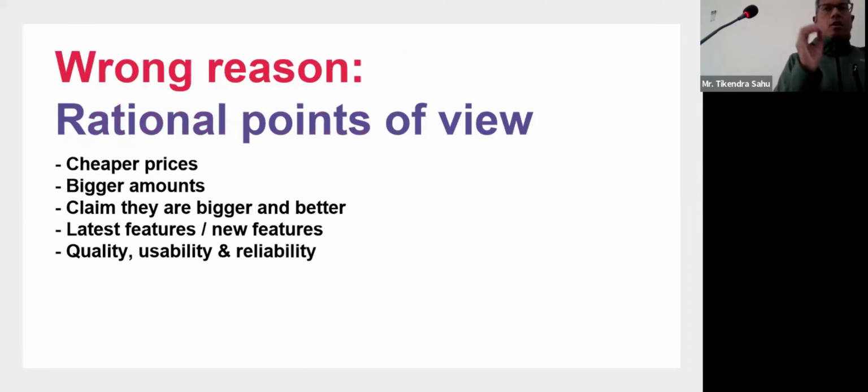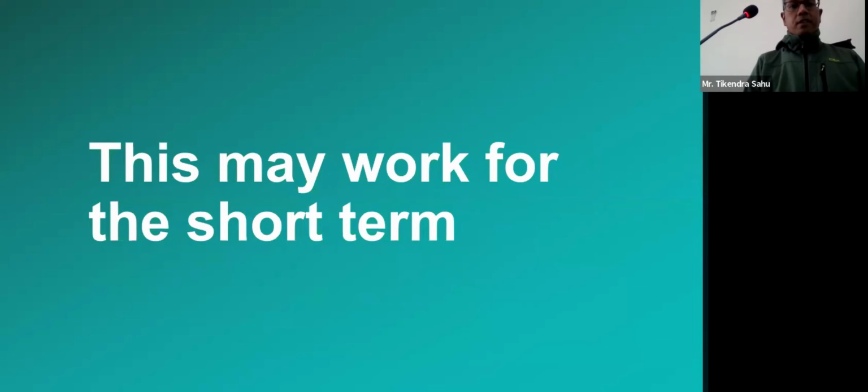So if we go back, a lot of companies do it for the wrong reasons, like the rational point of view: cheaper prices, bigger amounts, claims that they are bigger and better, the latest features, new features, quality, usability, reliability. Those are the rational points of view, and a lot of companies communicate with that. They think, okay, if I use these motivations and argumentations, a lot of people will buy my products.